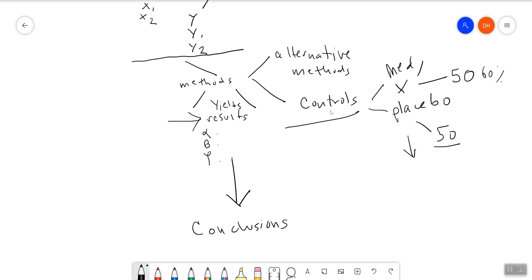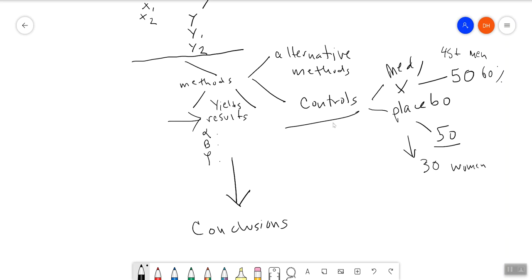Now to go back to this point, controls in this sense could simply be making sure that the demographics are representatively equal. So if we're giving, let's say, medicine X to 50 people who are 45 years and older, and only men, versus we give a placebo to 50, let's say, 30-year-old women, right?